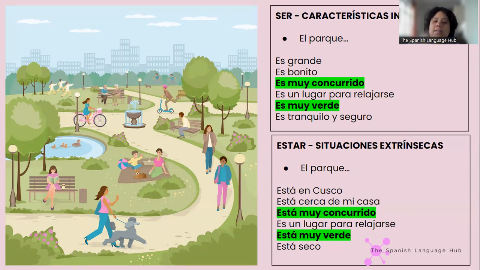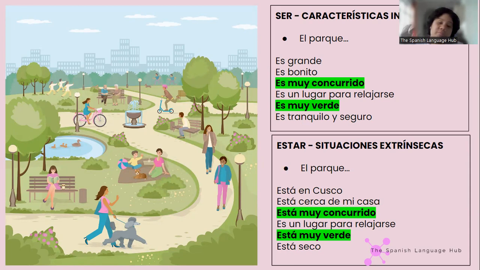Bueno, continue here. Let's explain here. Es muy concurrido, es muy verde. It's very green. That when I say es muy concurrido or es muy verde, it's because this is the way I see it. This is the way I describe it, and for me, this is a characteristic that identifies the park.